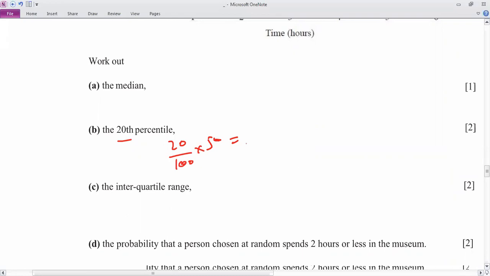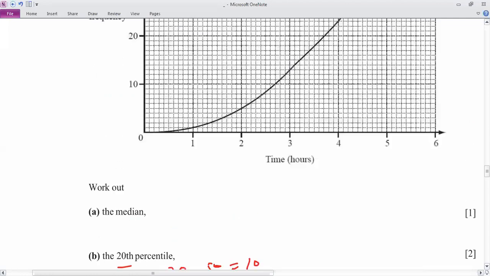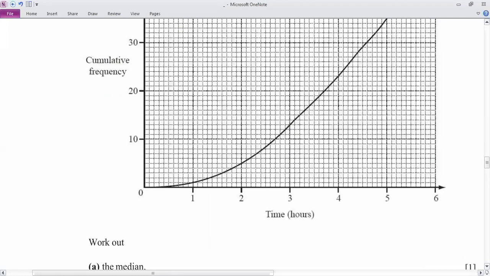Let me know what the value is. 10. It means from 10 you will draw the line. This is the line from the 10 when you draw. So where will it go? Here. From here come down.